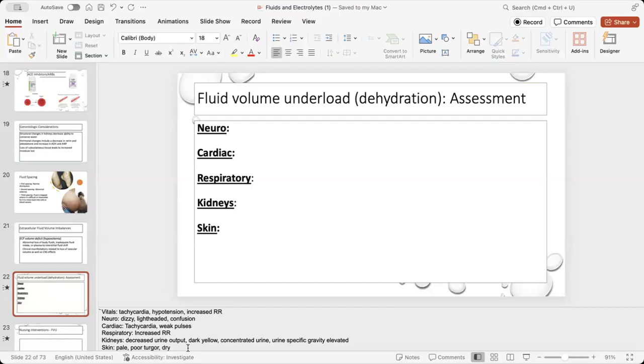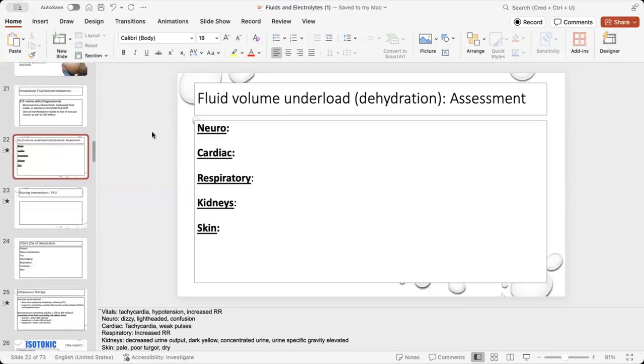Goes up, why? Because you're not getting rid of the particles, you've lost fluid. Right, so what's that called? Hemoconcentrated, right? I've lost a lot of fluid, but I have all those particles there. Good. Okay, good.